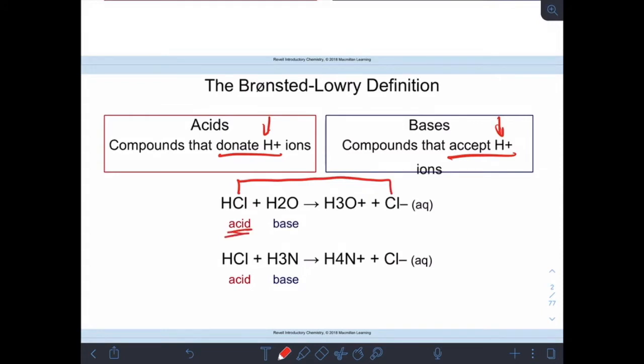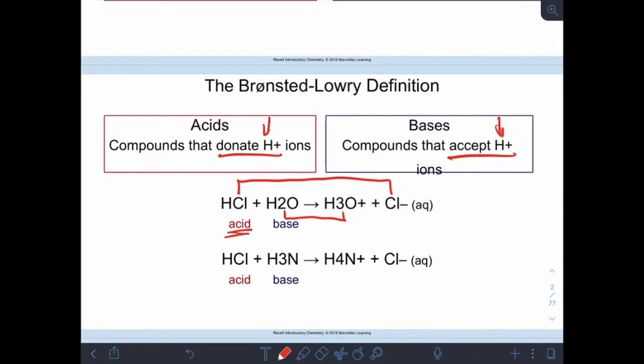So HCl becomes Cl minus, that means that it's lost a proton. And if we look, H2O becomes H3O plus right here. And if it goes from H2O to H3O plus, it has accepted a proton, and that makes it a base.